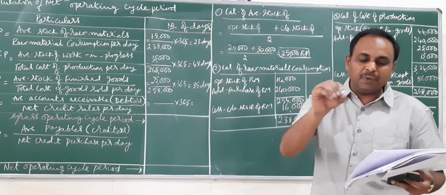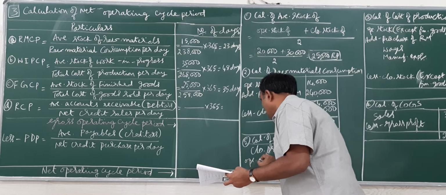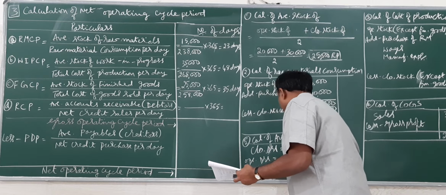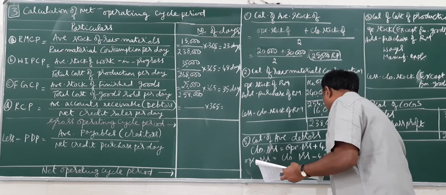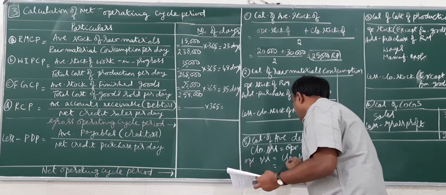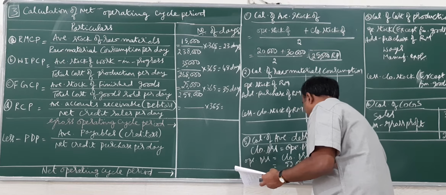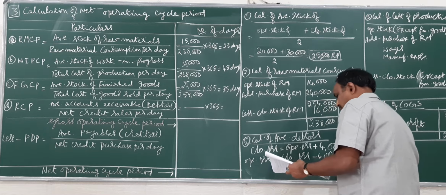So closing debtors is equal to opening debtors plus 4,000, that is what they have given. So when we are trying to find opening debtors, that will be closing debtors minus 4,000. So closing debtors is given in the balance sheet as 52,000 minus 4,000, that is 48,000.